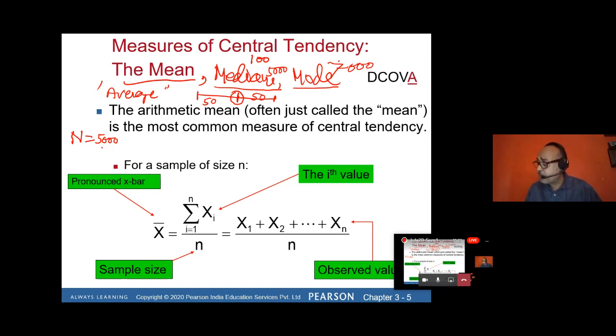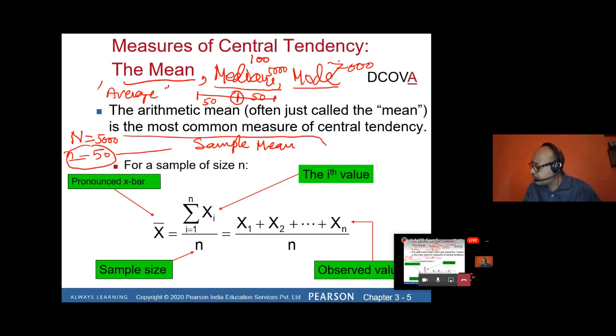Out of this 5,000, if you have taken 50 as a sample, that is your small n. Am I clear? So if you are calculating the mean, meaning the average of the sample, then it is called sample mean. And if you are calculating the average of the population, then it is called population mean.